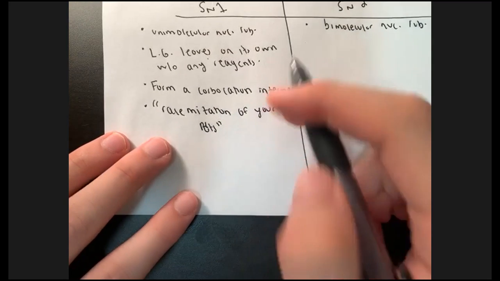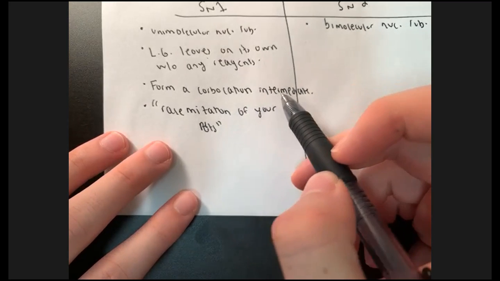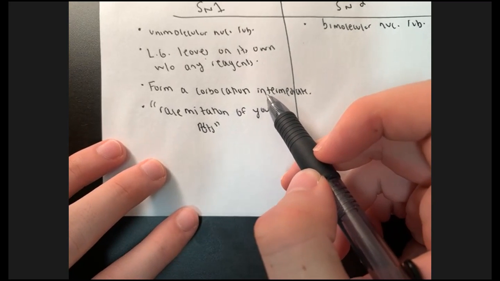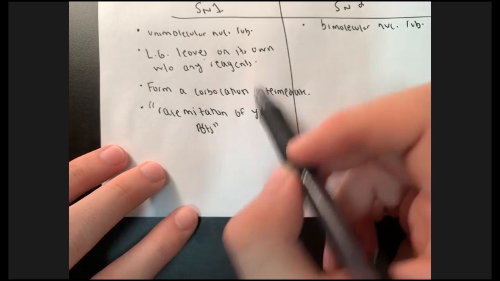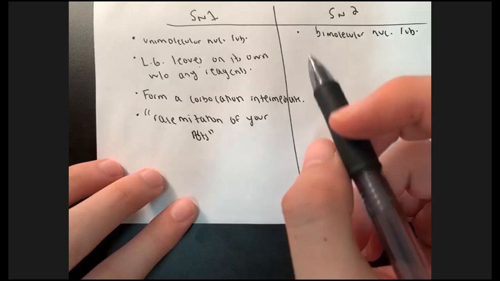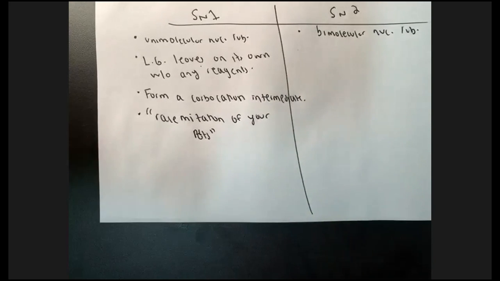So if I'm going through a carbocation intermediate, let's see who's really intellectual here in the chat box. Doesn't that give you a little bit of a clue as to what types of carbon starting materials I have to deal with in terms of substitution? If I have carbocation intermediates, do you think I'm dealing with more substituted or less substituted alkanes?